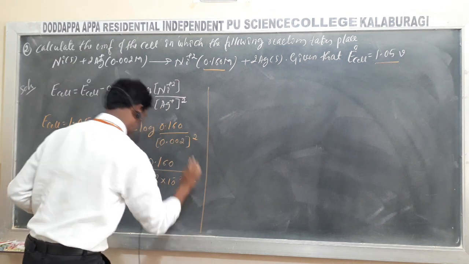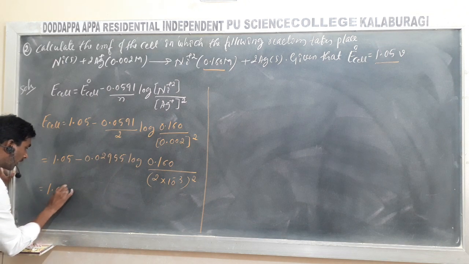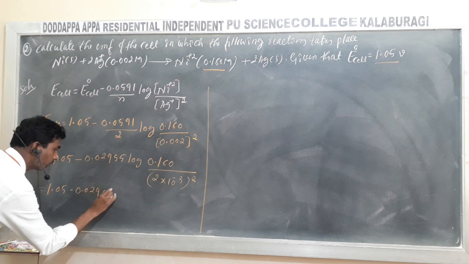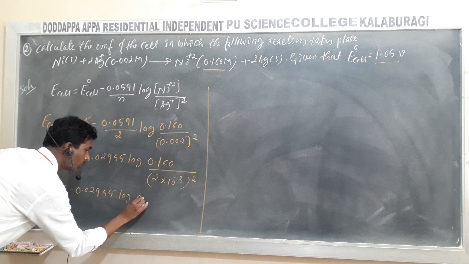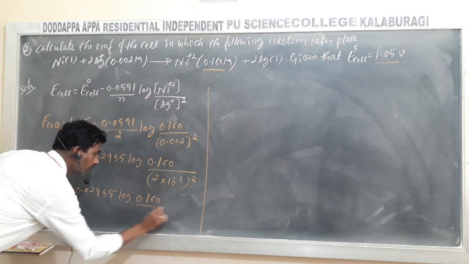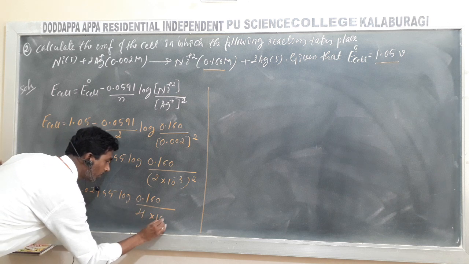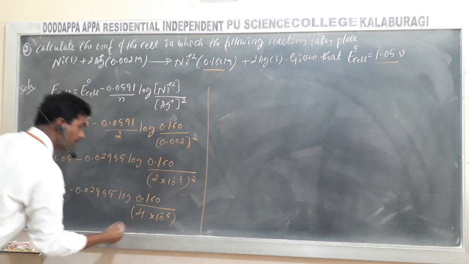Now I can write one more step here. So 1.05 minus 0.02955 log of 0.160 over, 2 squared is 4, into 10 to the power of minus 6.